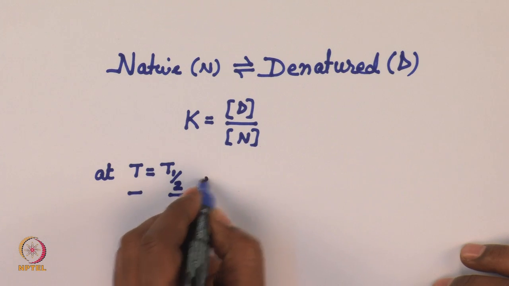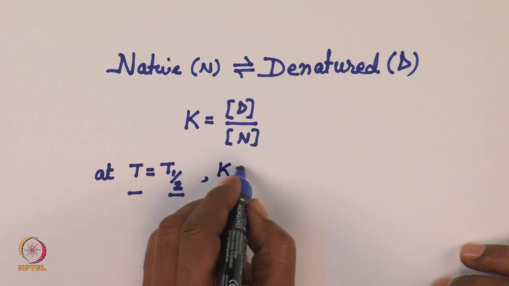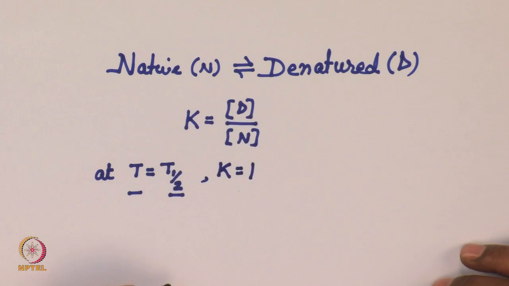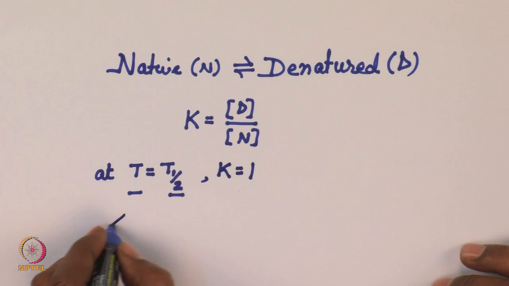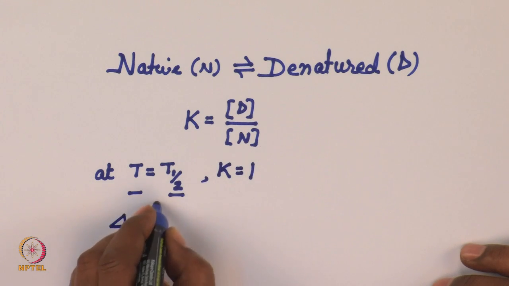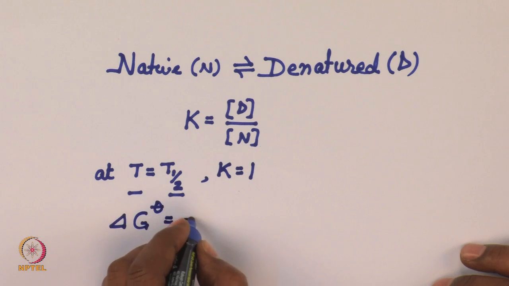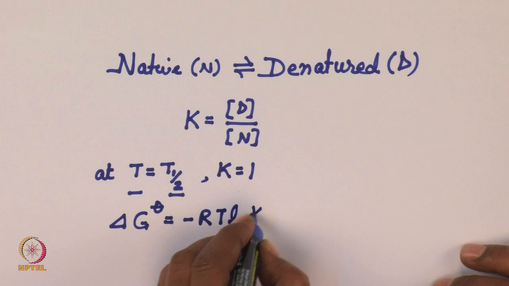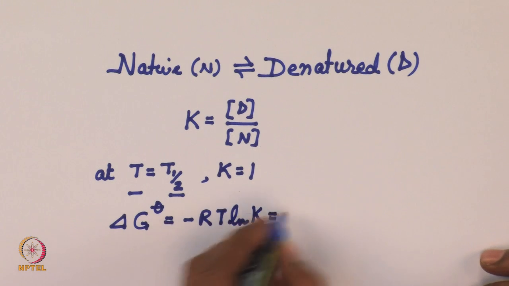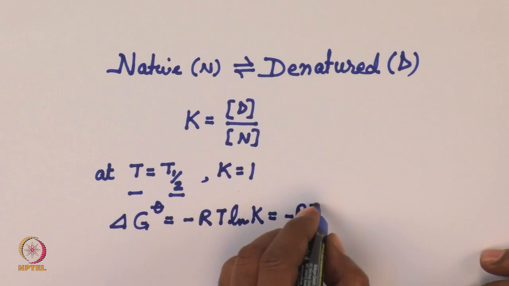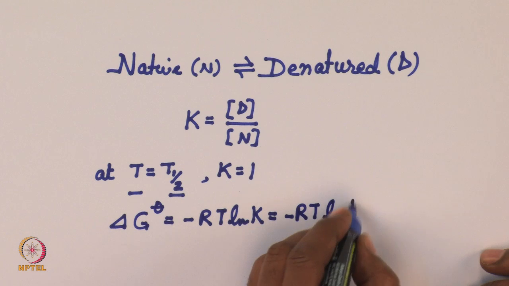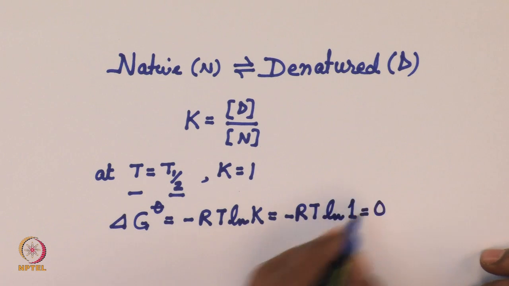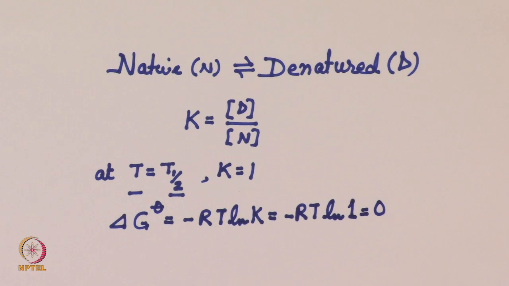At T equal to T half, K will be equal to 1, and delta G naught, which is equal to minus RT log K, will be equal to minus RT log 1. Log 1 is always 0. We get that delta G naught is equal to 0.